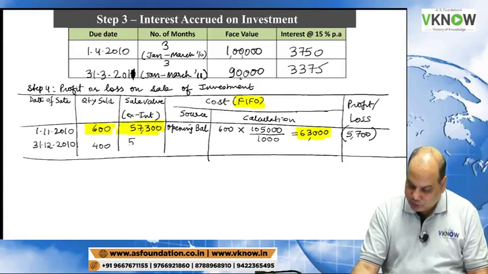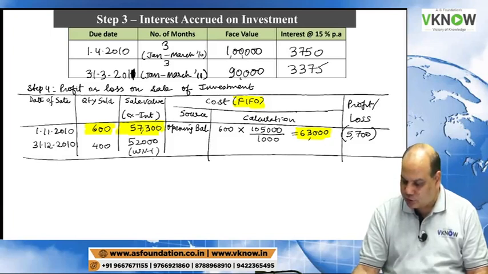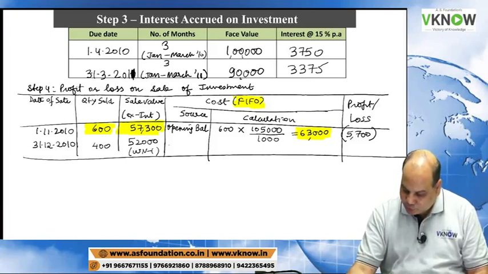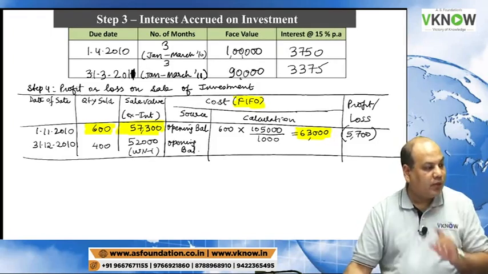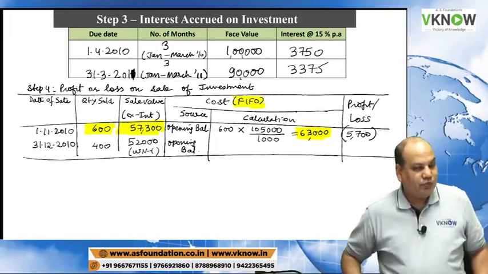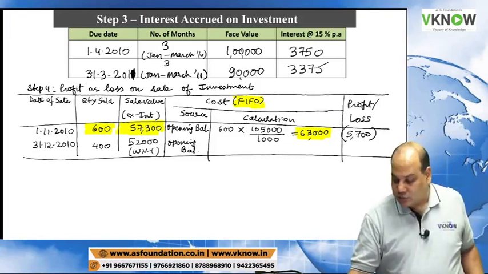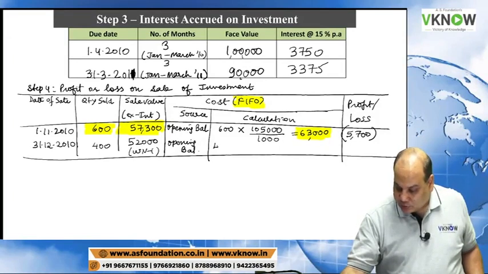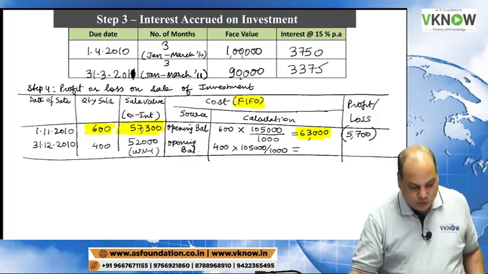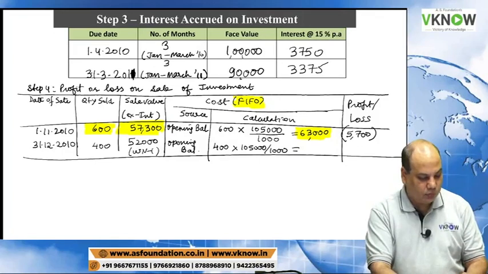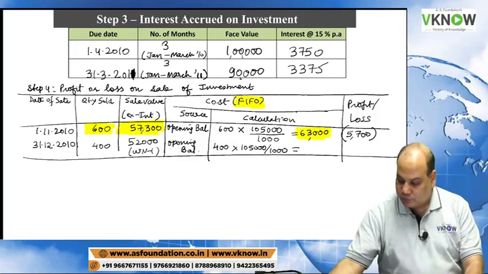Source of investment sold is again opening balance because opening balance has 1,000 quantity. You have sold 600 earlier, now 400. Calculation will be same. 400 into 1,05,000 divided by 1,000 is equal to 42,000.